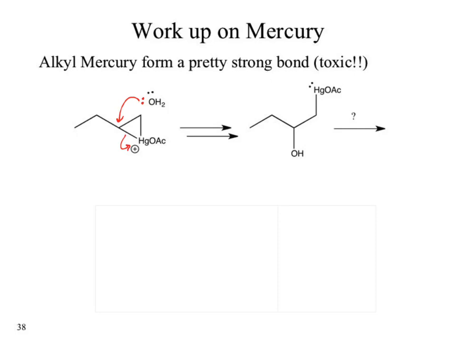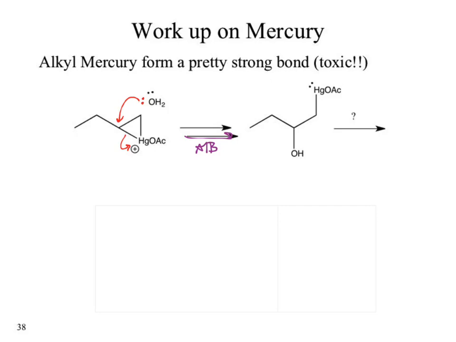We do have an acid-base step. That's why that second arrow is there, because we're doing an acid-base to neutralize that oxygen. And then we would have that final product with mercury attached.